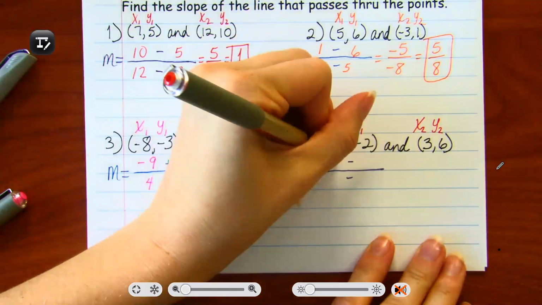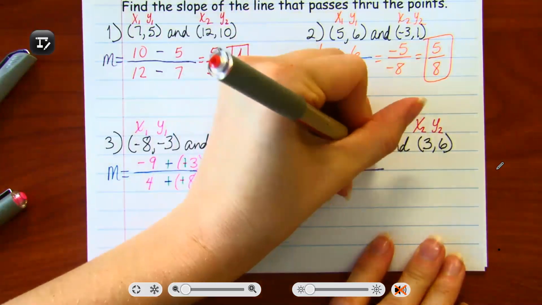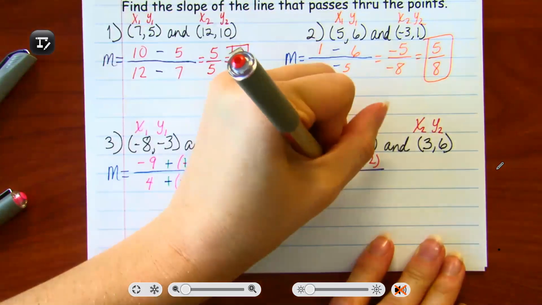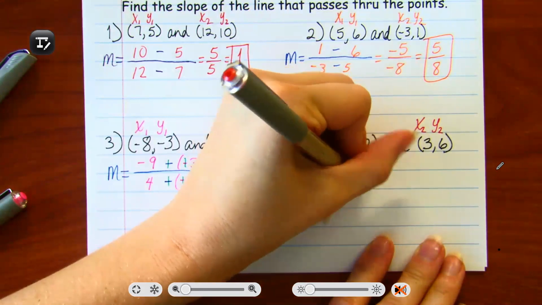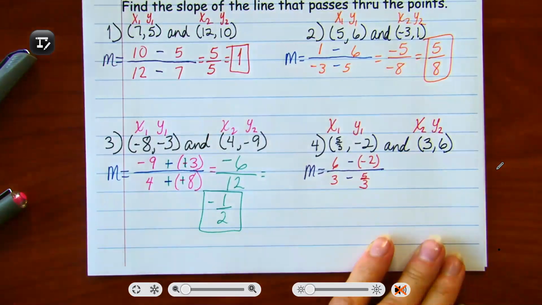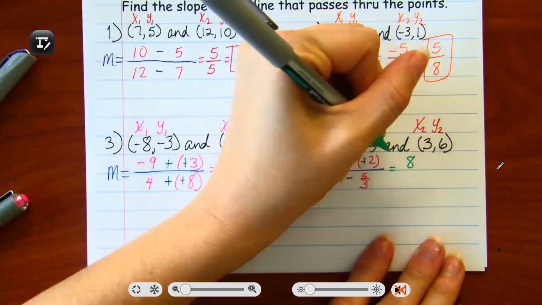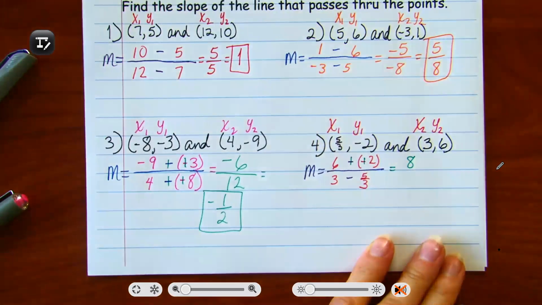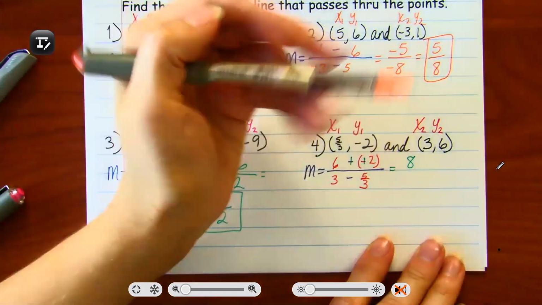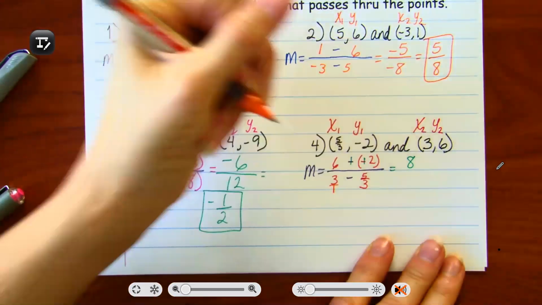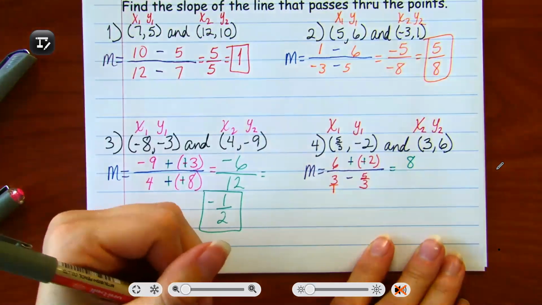So this will be 6 minus -2 over 3 minus 5/3. So minus a negative is a plus. So that'll be 8. And let's see. So 3 over 1 minus 5 over 3.